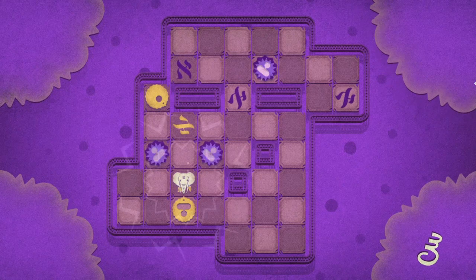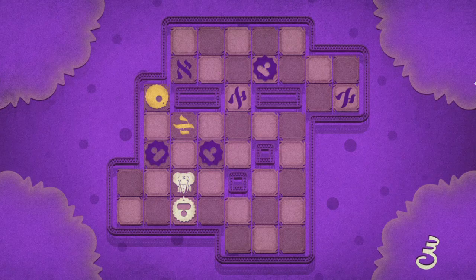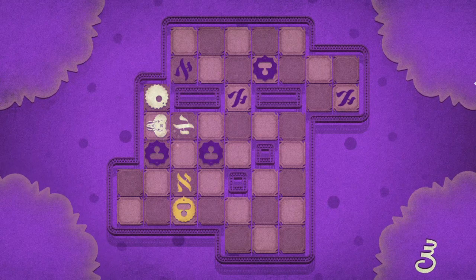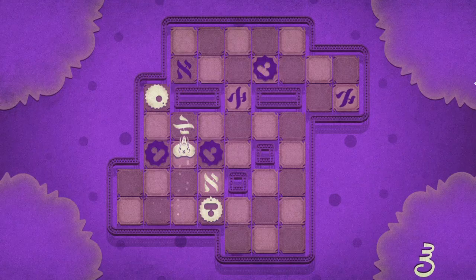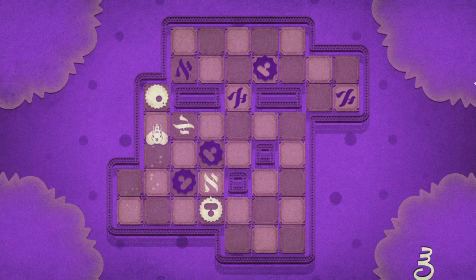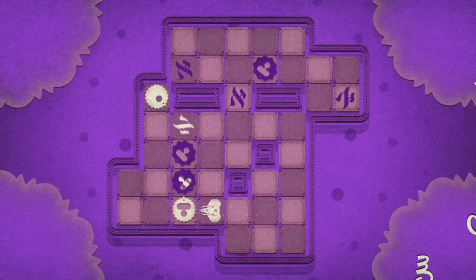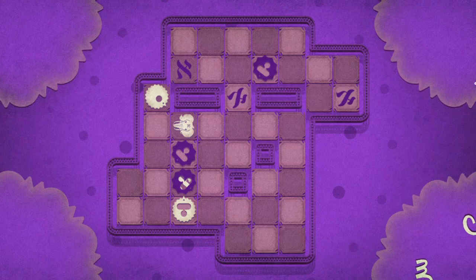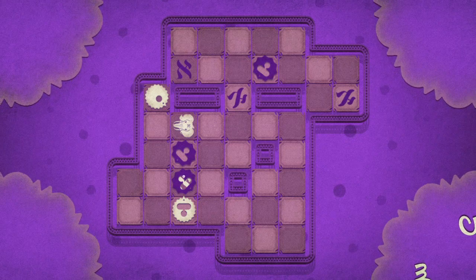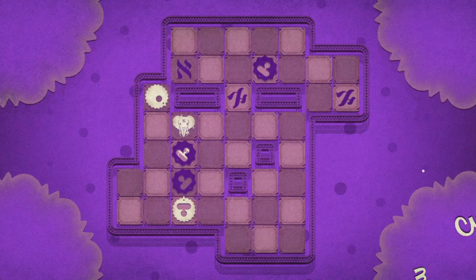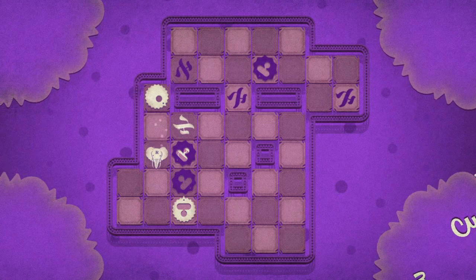Is it possible to lift you up by 1? Yes, yes it is. The way I could do it is using glyphs as blockages. Yes, and this will not move this guy, but it will move the Aleph up. And the Aleph being up is all we need, I believe.